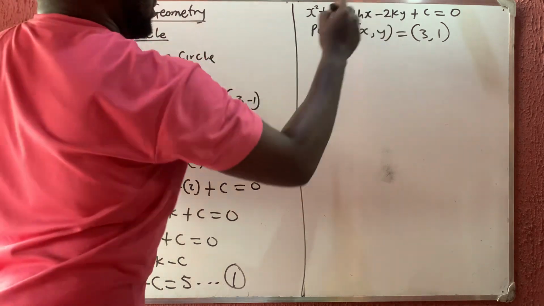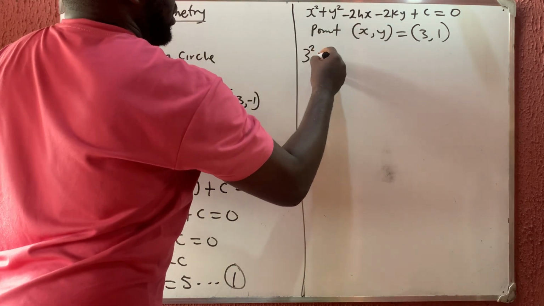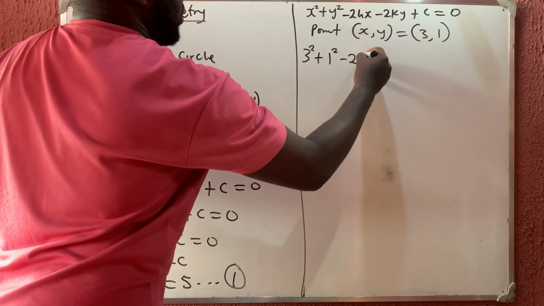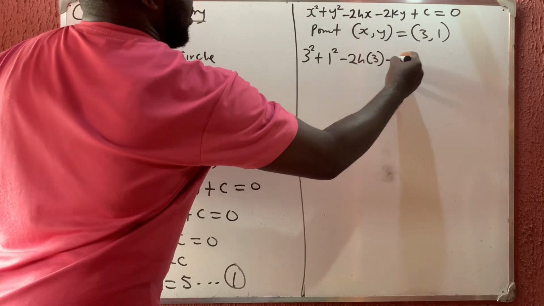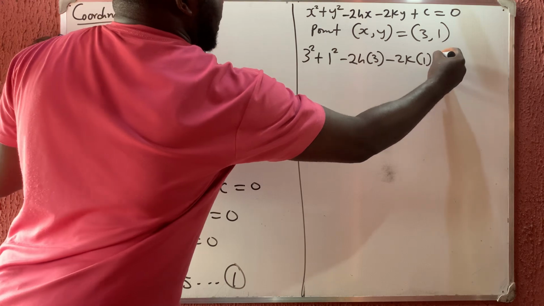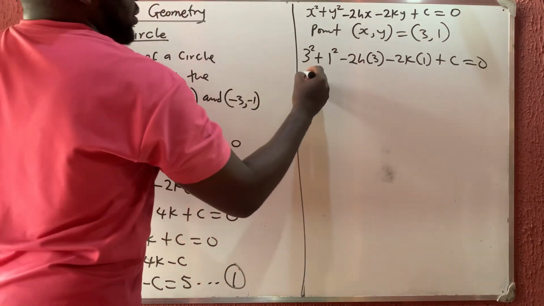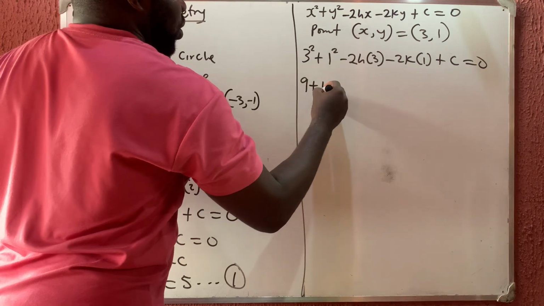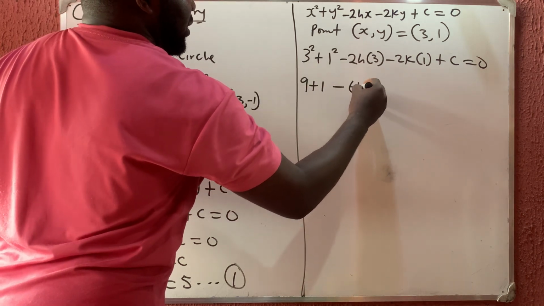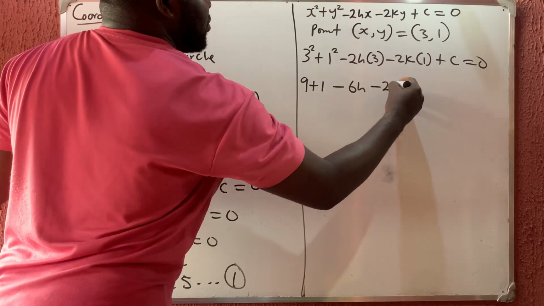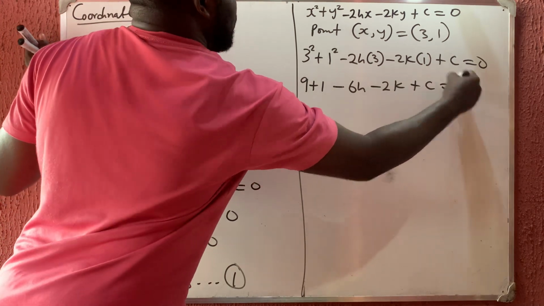So let us substitute again. I have 3 squared plus 1 squared minus 2h into 3 minus 2k into 1 then plus c is equal to 0. So what do we have here? This is 9 plus 1 then minus 6h then minus 2k plus c is equal to 0.